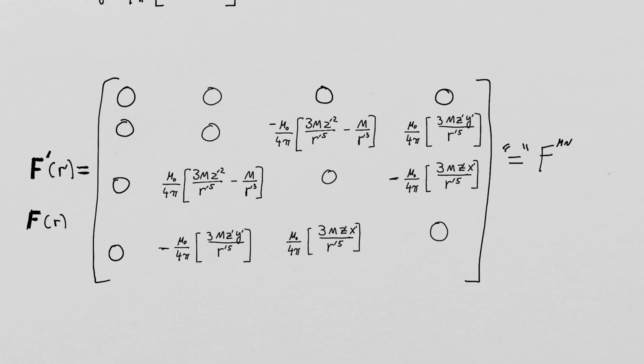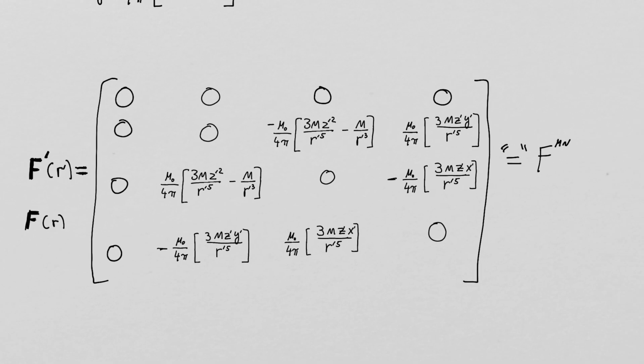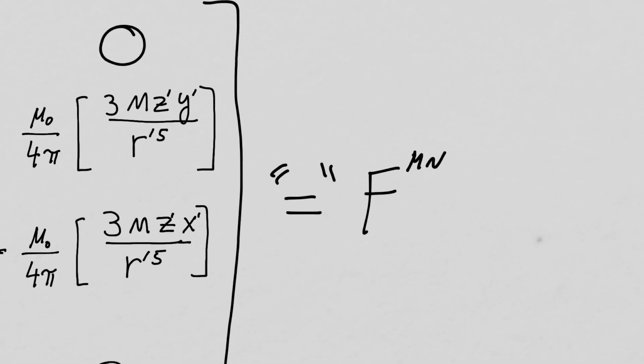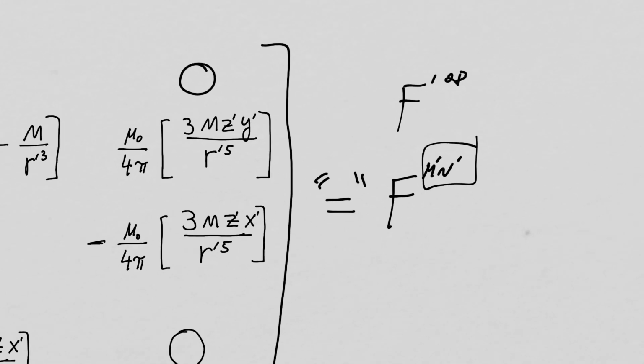Well, I just noticed if I'm going to call this the prime system, then here I should prime these indices using the notational system I'm using. An alternative notational system would be F prime alpha beta, but I like to prime the indices for what it's worth.